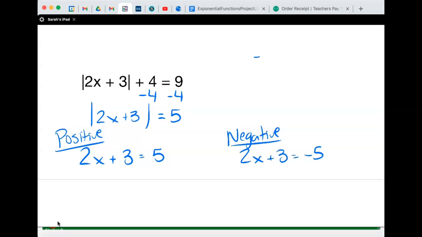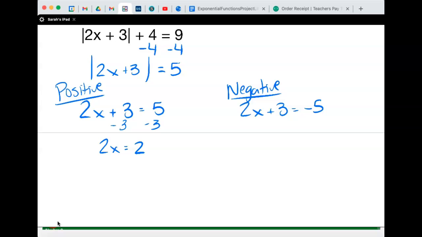I didn't want to subtract 3 right here because technically it's not like terms, so that's not legal. But we still want to subtract 3. So then 2x equals 2. Or you divide by 2. Yeah, divide by 2, so x equals 1.